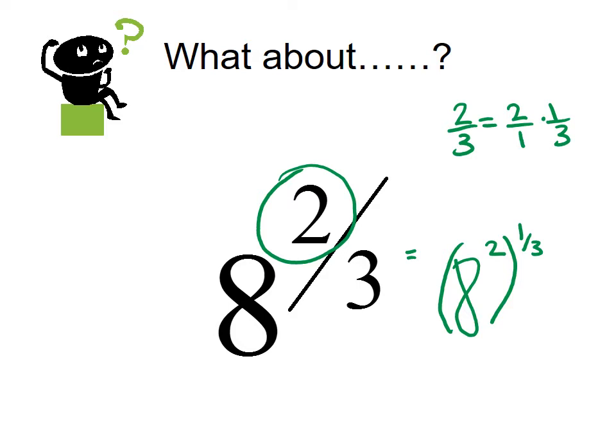There's our rule of power to a power. This makes more sense. I could take care of the 8 squared, or I could take care of the 1/3 first, because it could also be written as 8 to the 1/3 squared. We can flip those power to a power around because they're being multiplied. But we want to think of these fractions as separate values.